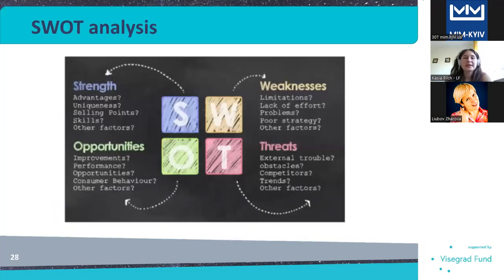So SWOT analysis, you probably know this tool, but I will quickly go over it, and I will tell you why it is important to include in the business plan. SWOT analysis is basically just a table where you describe your strengths and selling points, advantages, your skills.